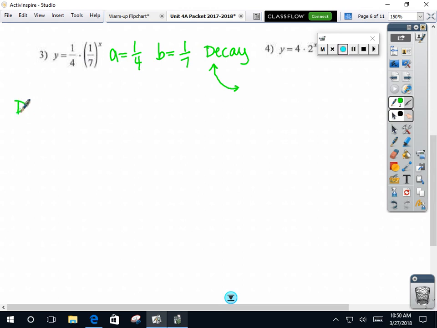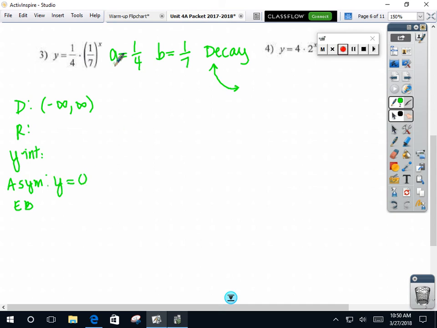Now, for the domain, don't we know for any exponential function, the domain is all real numbers, negative to positive infinity? And then, where is the asymptote? Y equals 0, because that's where it always begins.